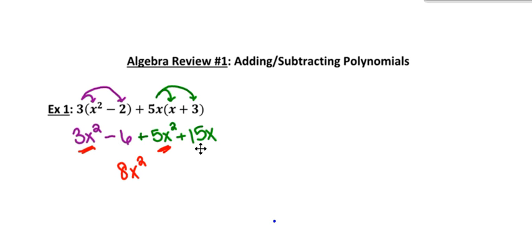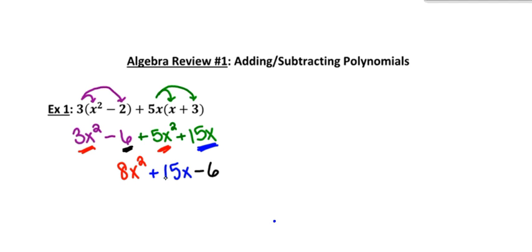There are no terms with an x in it other than the 15x, so that'll stay a plus 15x. And there are no terms other than the negative 6 that are constants. In other words, they don't have an x squared or an x with them.